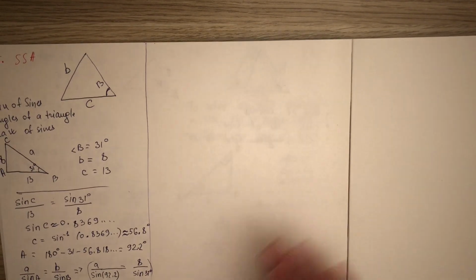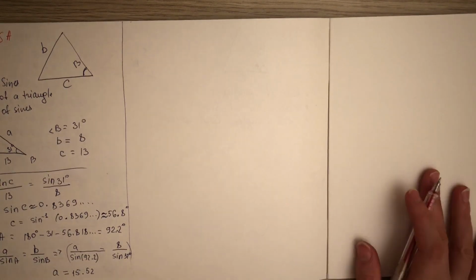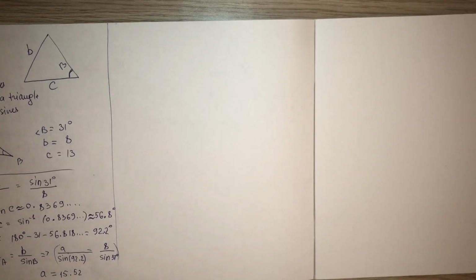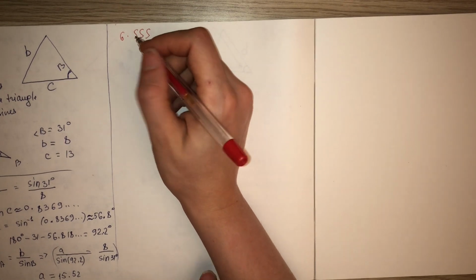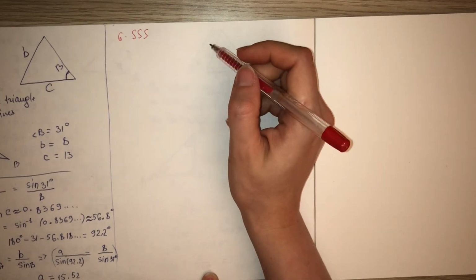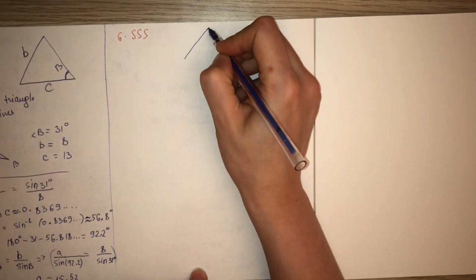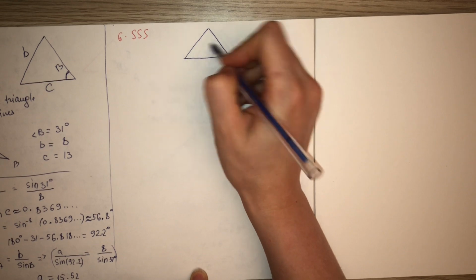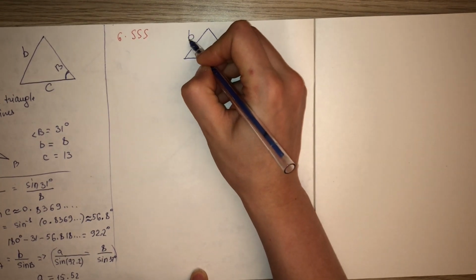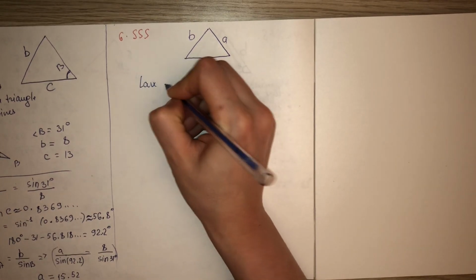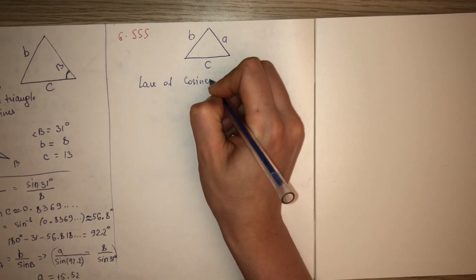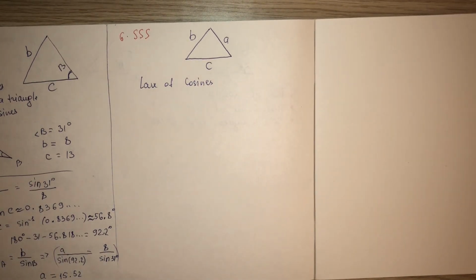Let's see our final example. Our final example is SSS. This means that we are given all three sides of a triangle. In this case, we have no choice. We must use the law of cosines first to find any one of the three angles.